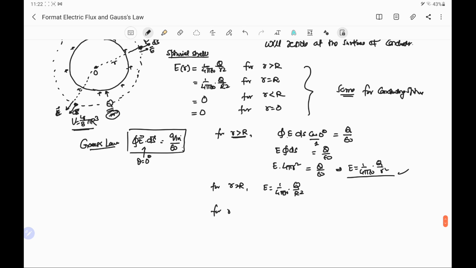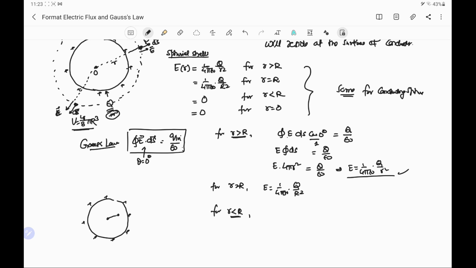For r less than capital R, that means the point is lying inside the spherical shell, and in static state, charge resides at the outer surface. There will be no charge inside. That means the field inside is 0. The same can be derived here.